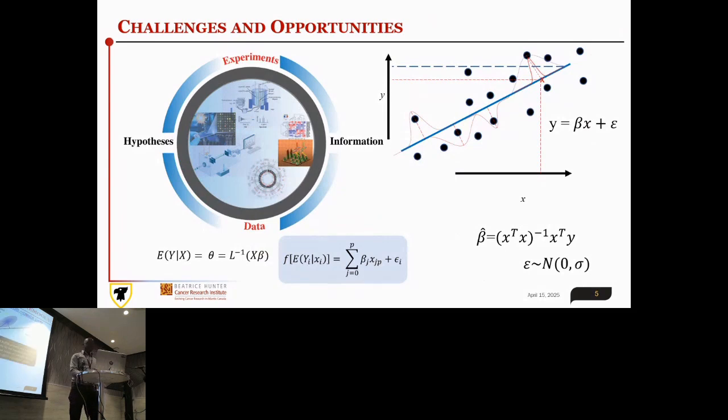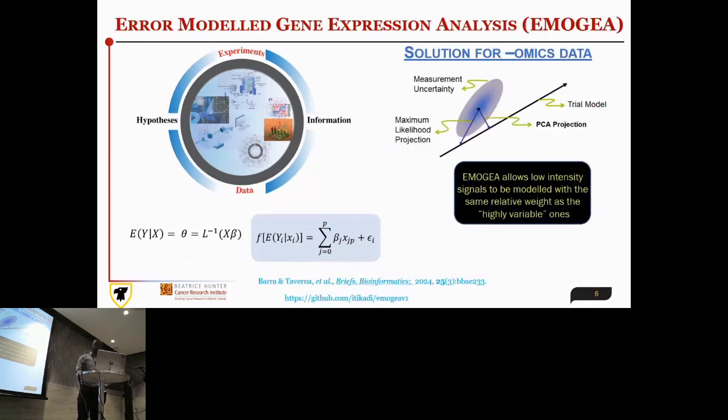So we've developed an approach here called error model gene expression analysis, which you can download and use. And essentially, instead of projecting the measurements or the solution onto the trial model, we project it in the direction that maximizes the uncertainty. Okay, we can talk about this offline if you want.